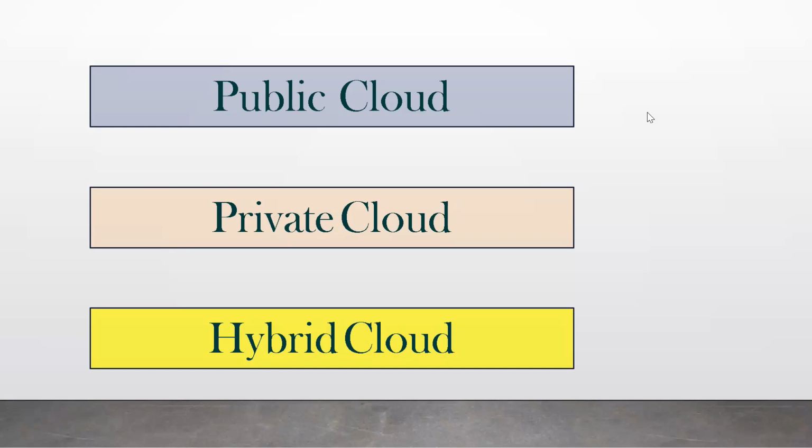services with other organizations. This model is cost effective and scalable, making it ideal for businesses that need to manage fluctuating workloads or want to avoid the expense of maintaining their own infrastructure. Some examples of public cloud are Amazon Web Services, or AWS.